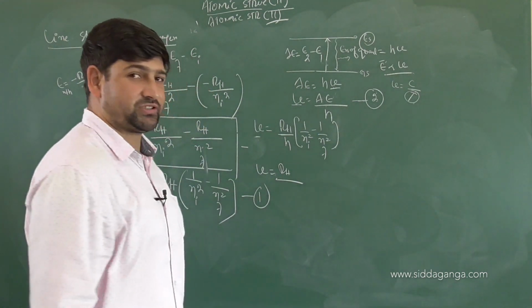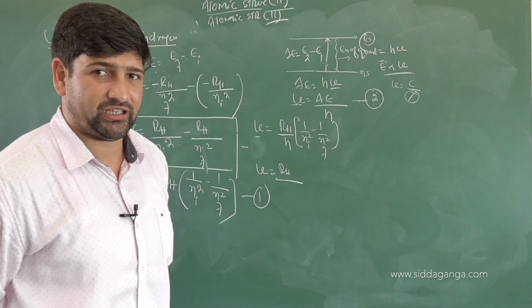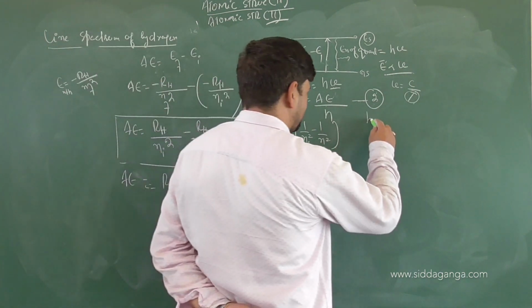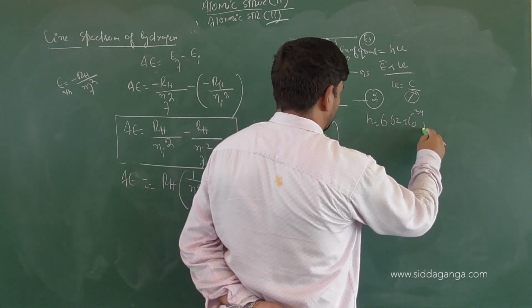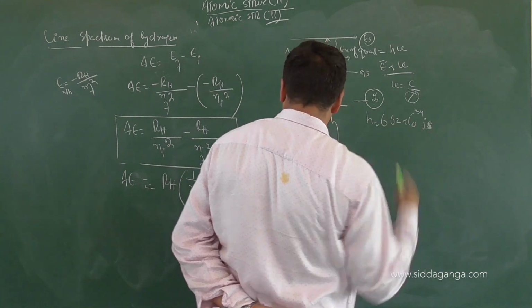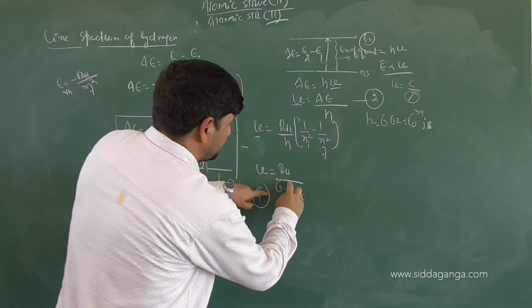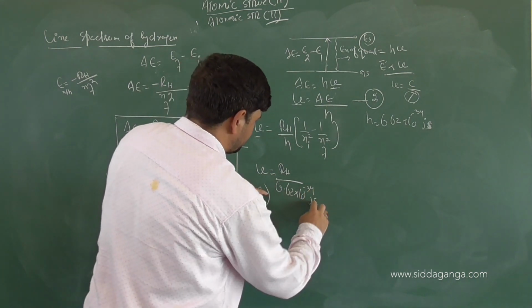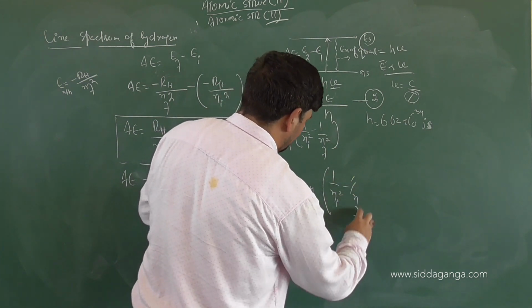What's the value of Planck's constant? 6.62 into 10 to the power minus 34 joule second. Very good. So it will be 6.62 into 10 to the power minus 34 joule second into 1 by n initial square minus 1 by n final square.